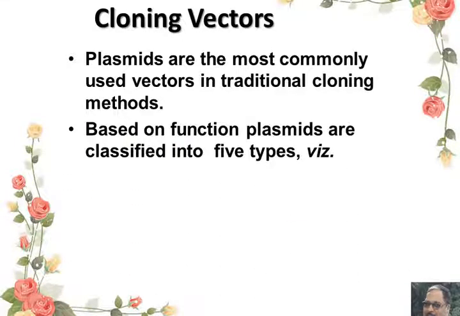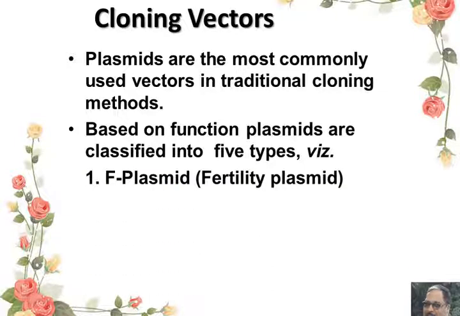Based upon their function, plasmids are classified into 5 types. The F plasmid or fertility plasmid. This plasmid contains TRA genes that are capable of conjugation and result in expression of sex pili.